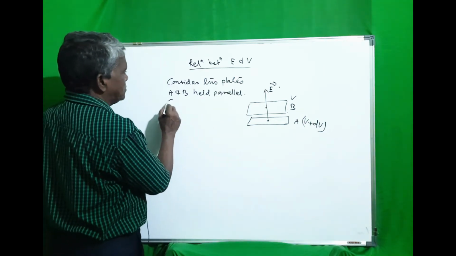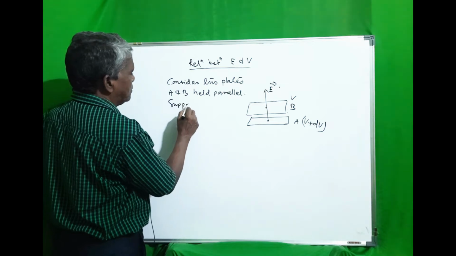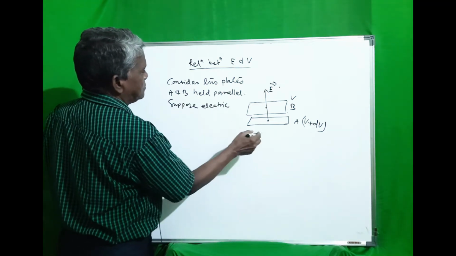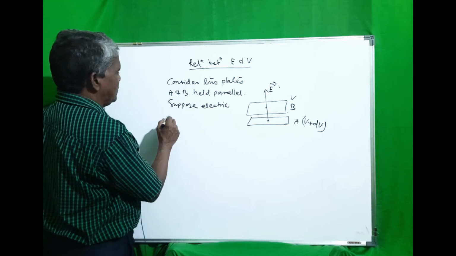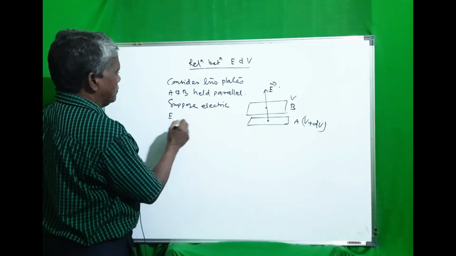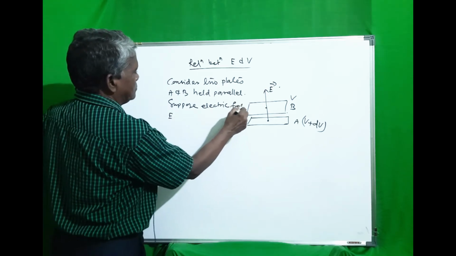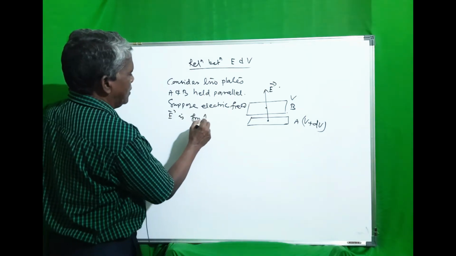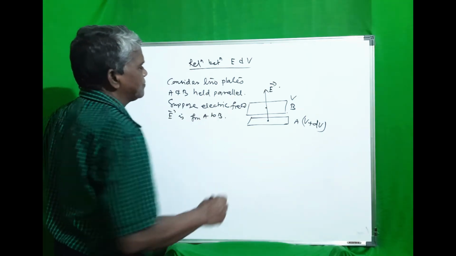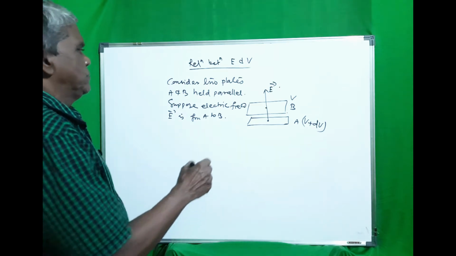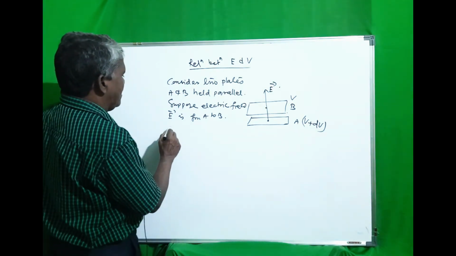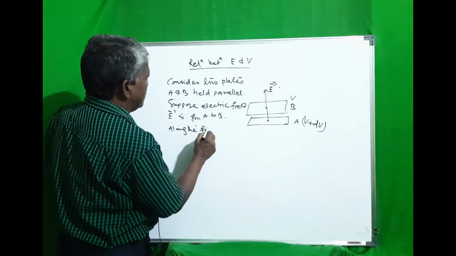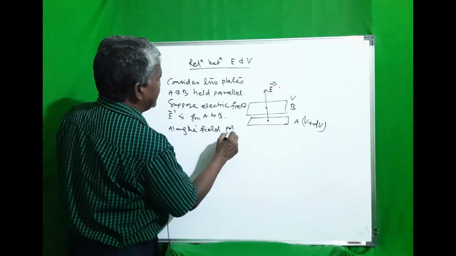Suppose the electric field E is from A to B. Along the field, potential decreases.